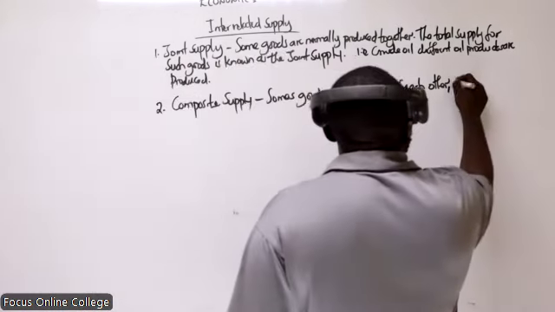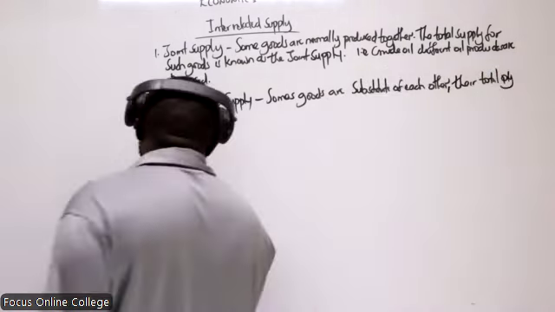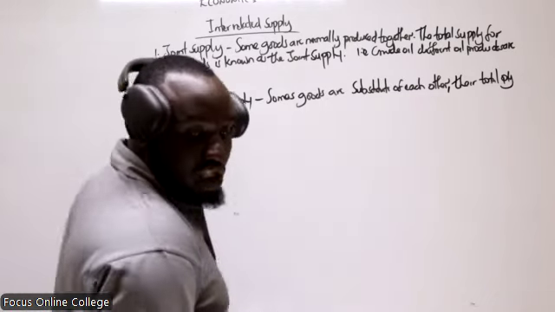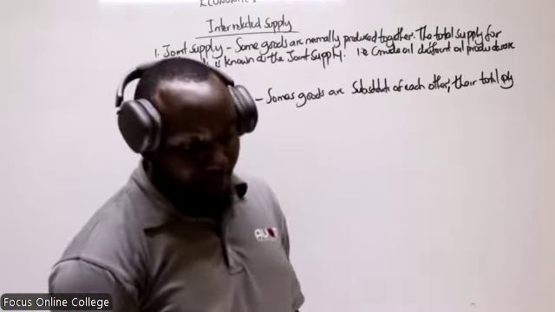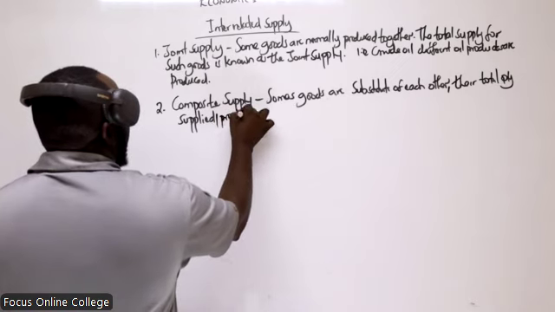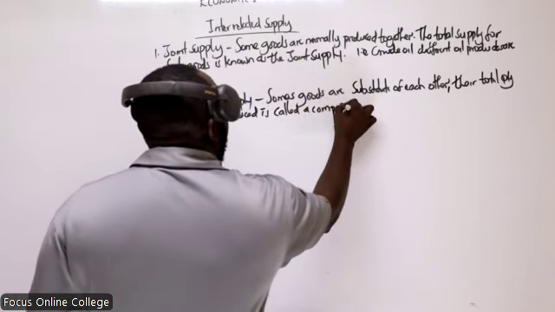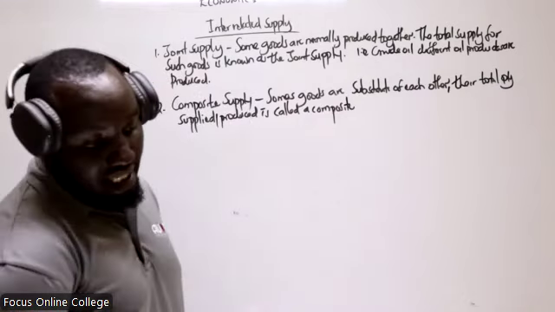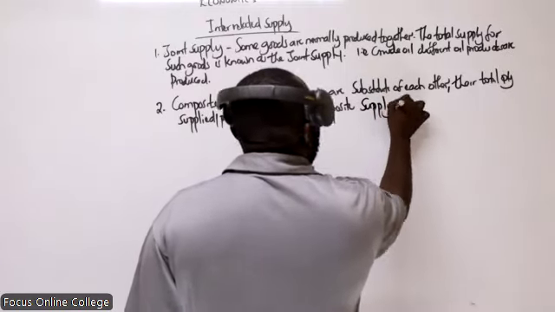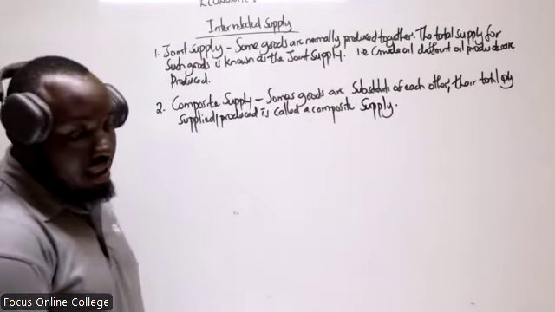The total quantity supplied, the quantity produced, is what we call a composite supply. It is called a composite supply.